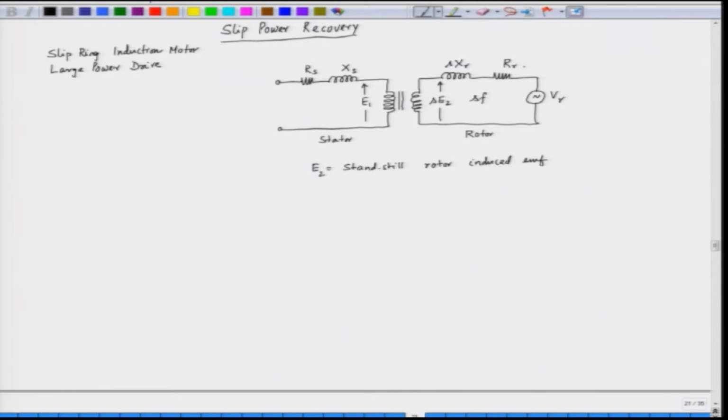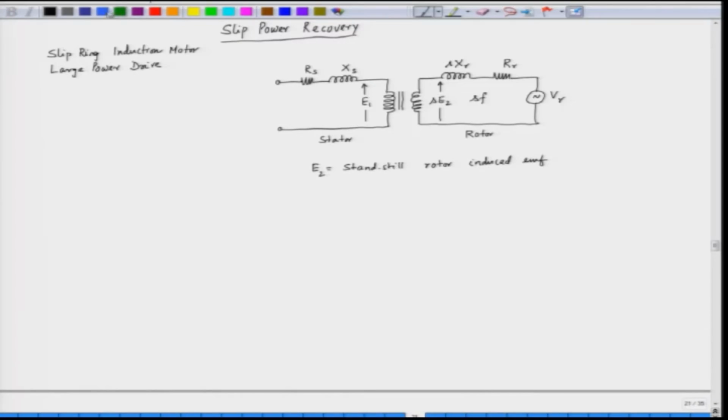Now, let us see the flow of power from stator to the rotor. The stator we are supplying the electrical power, some part is wasted in the stator and some part is crossing from stator to rotor, that is called the air gap power. From the air gap power a part is converted into mechanical power and the remaining is recovered by the source.